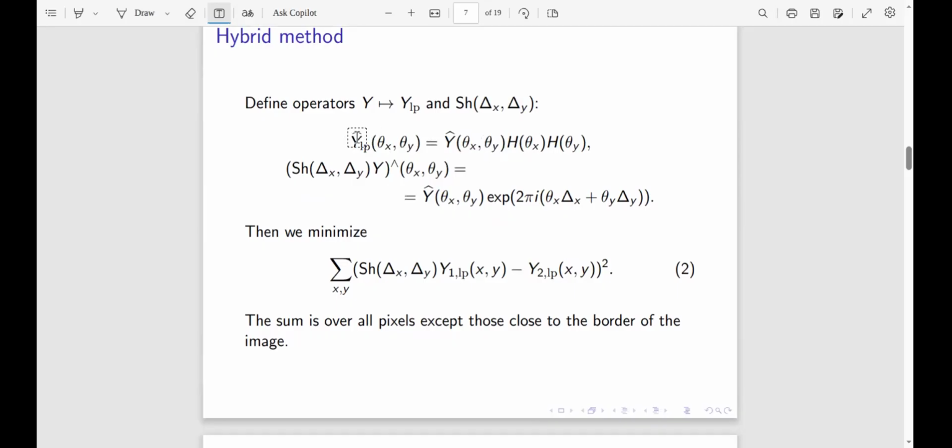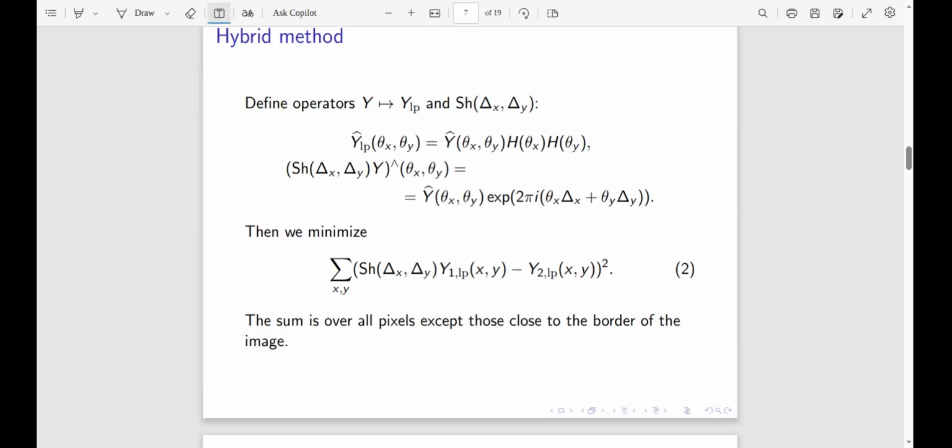When we perform it in the frequency domain, we make the finite Fourier transform.